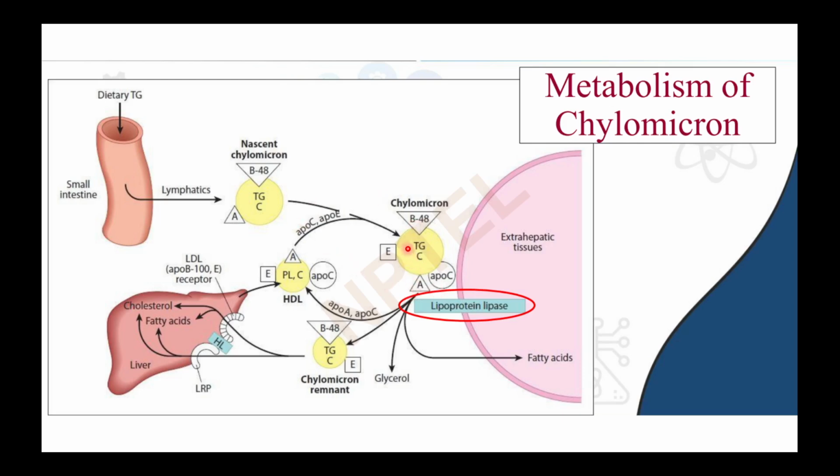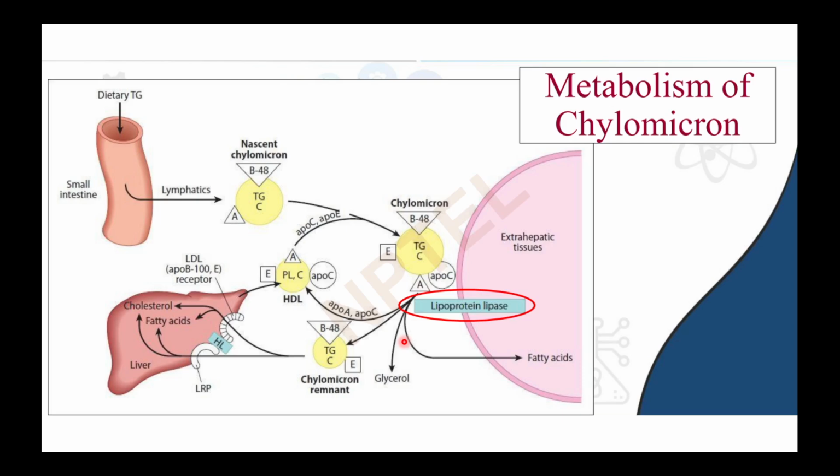From this, the triacylglycerol will keep being metabolized by lipoprotein lipase, and the fatty acids will be absorbed by the extrahepatic tissues. The glycerol will go into the metabolic pathways, and this chylomicron will keep shrinking in size, becoming smaller and smaller because the triacylglycerol content is getting lowered.